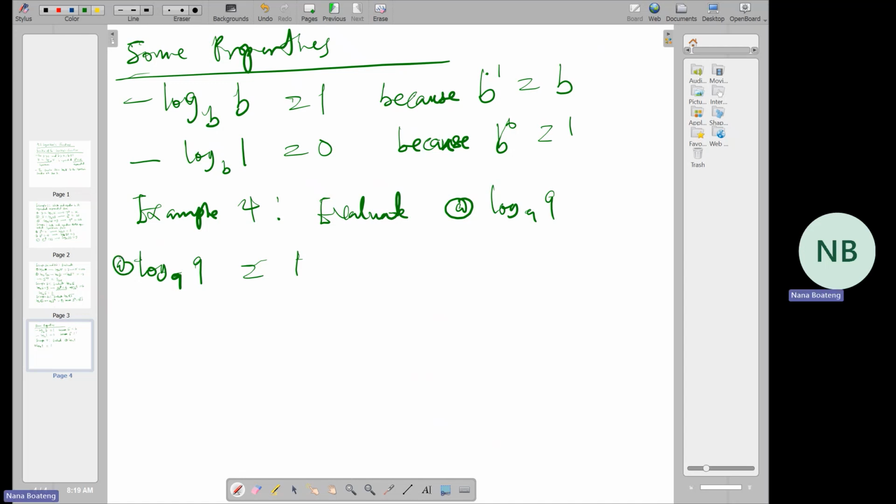Just A and B. Log to the base 8 of 1 is equal to 0. This is because 9 power 1 is equal to 9. And this is because 8 power 0 is equal to 1.